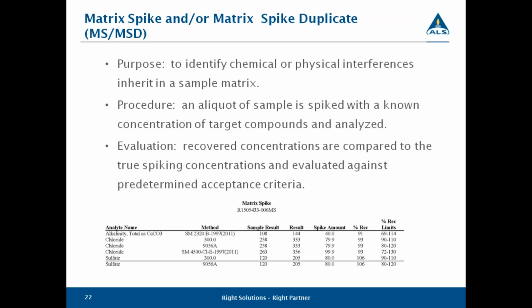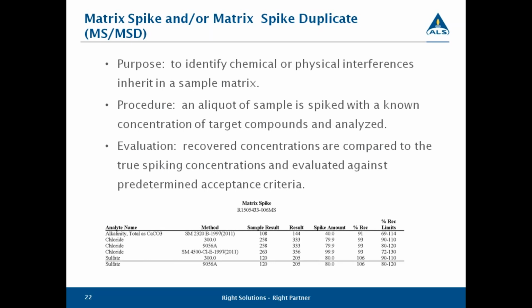Okay, now matrix spikes. This is a very important quality control procedure, and I think it's my favorite, and I'll tell you why. The purpose is to identify the chemical or physical properties inherent in a sample matrix. This is kind of like a surrogate.